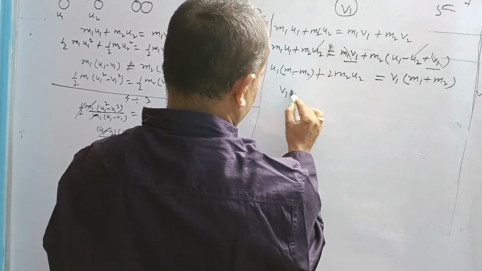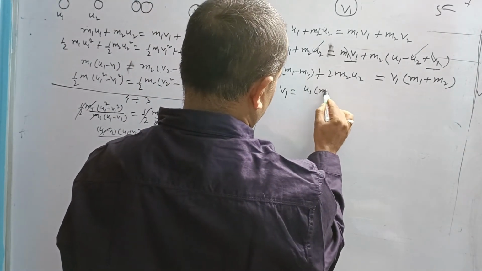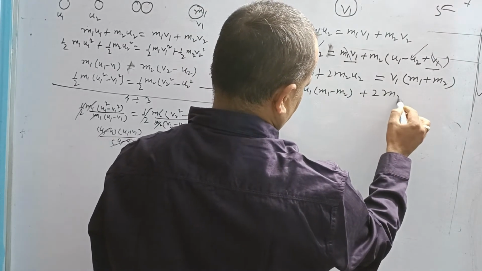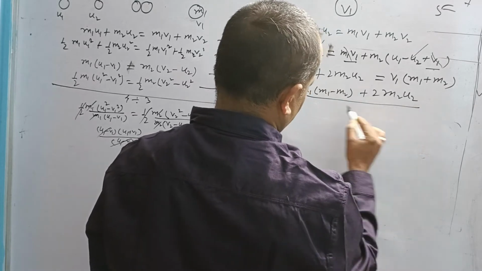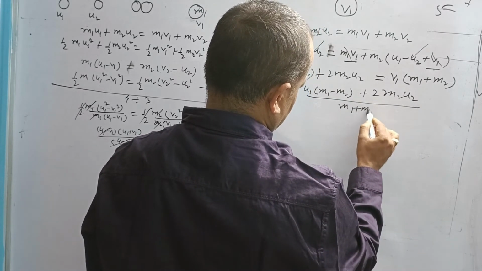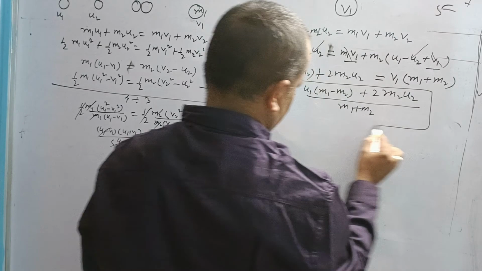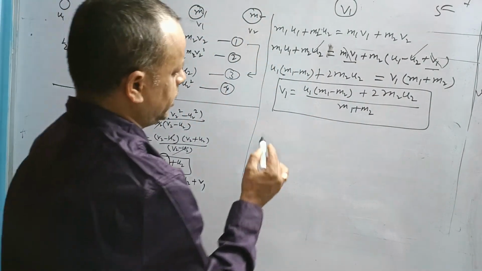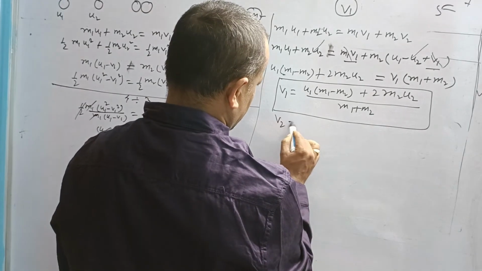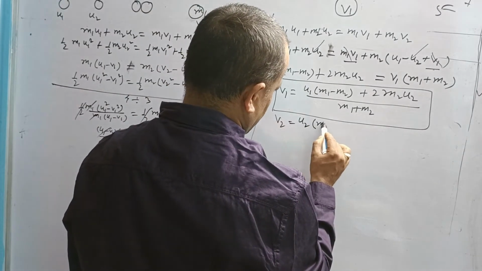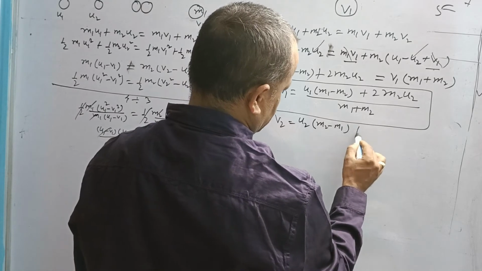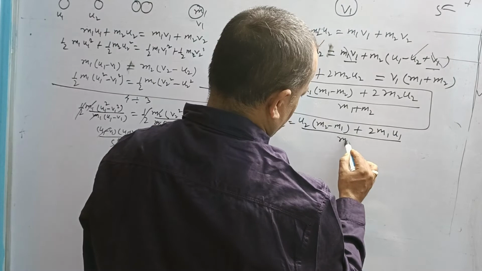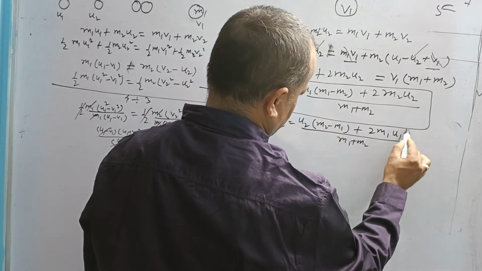See, we get the result as V1 equals U1 into M1 minus M2, plus twice M2 U2, divided by M1 plus M2. This is V1. See, what we do next is to get V2. It will be equal to U2 into M2 minus M1, plus twice M1 U1 upon M1 plus M2.